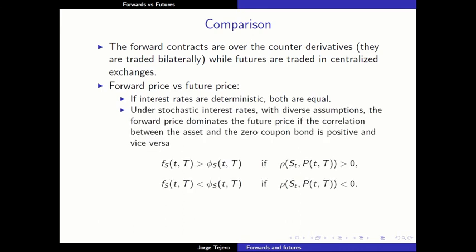On the other hand, if interest rates are stochastic, then we will see that the forward price will dominate the future price if the correlation between the underlying asset and the zero coupon bond is positive, and we will see that the forward price is lower than the future price in case the correlation is negative. There are several sets of assumptions that lead to this kind of results.